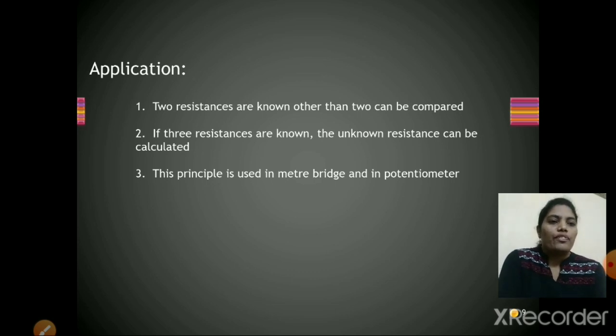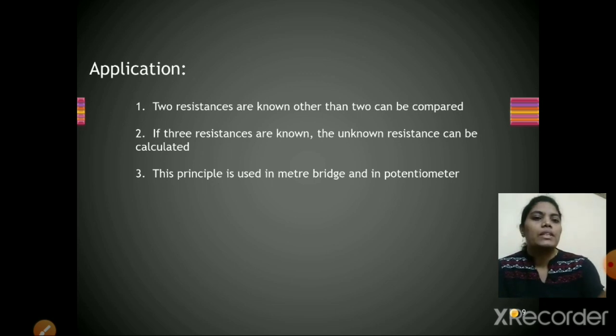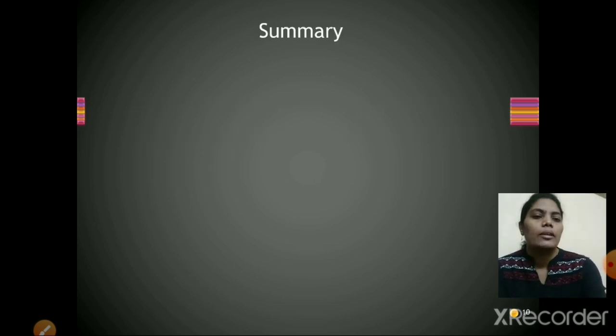So what is the use of the Wheatstone bridge? By using this we can find the relation between resistances. If two are known, the other two can be compared, and if three are known we can find the unknown resistance, and practically we can use this principle in the meter bridge.